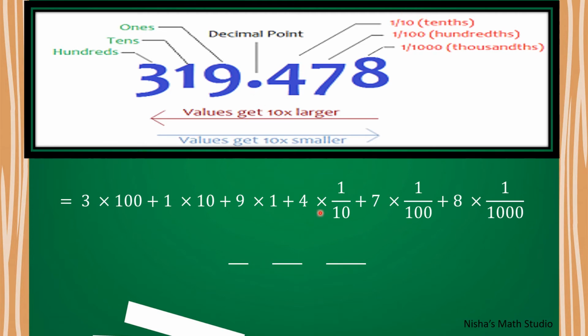So it is 4 multiplied by 1 by 10, 7 multiplied by 1 by 100 and 8 multiplied by 1 by 1000, which is equal to 300 plus 10 plus 9 plus 4 by 10 plus 7 by 100 plus 8 by 1000. This is how a decimal number is written in the expanded form.